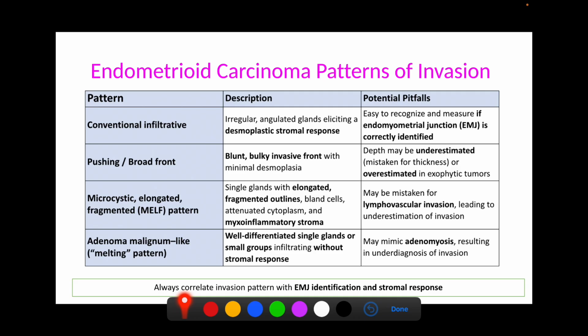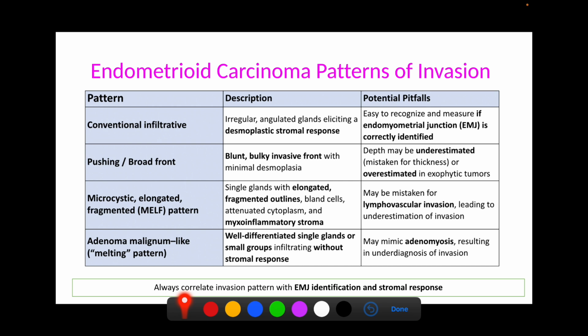This conventional pattern shows desmoplastic stromal response and is easy to recognize and measure if we can identify the endomyometrial junction. Pushing pattern, as the name suggests, is a blunt and bulky invasive front with minimal desmoplasia, but in this, because a proper thickness is not measured, depth may be underestimated or overestimated in case of exophytic tumors.